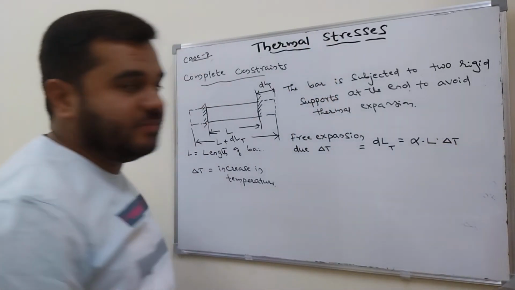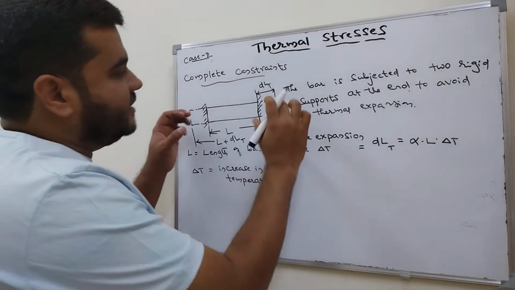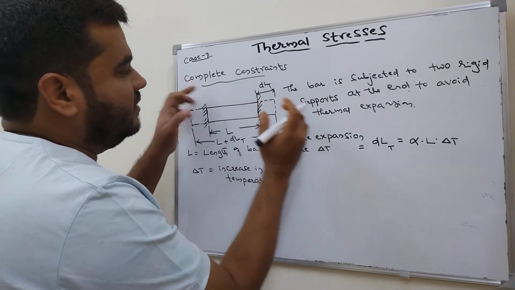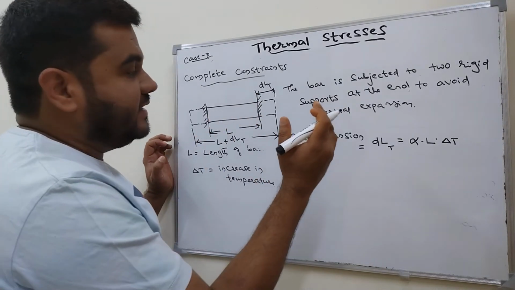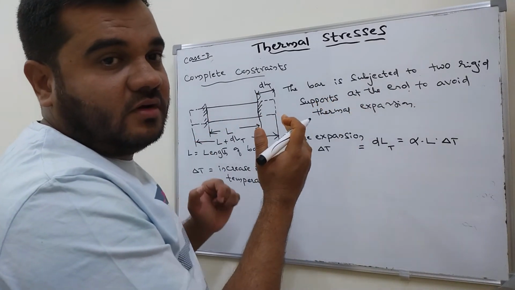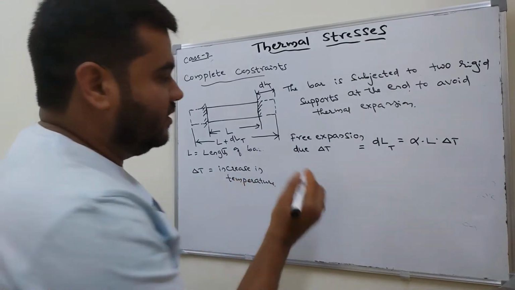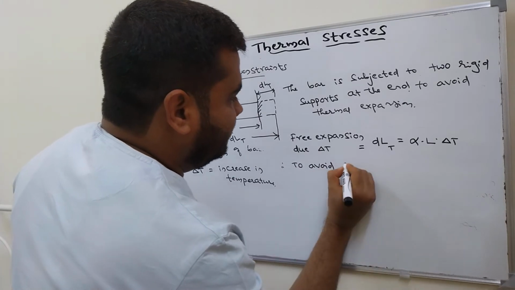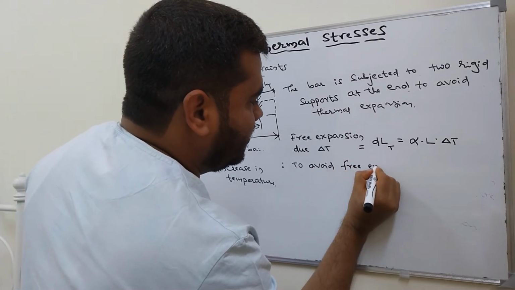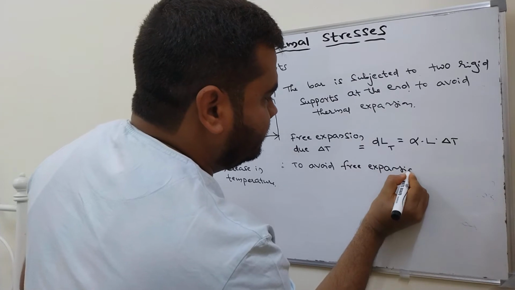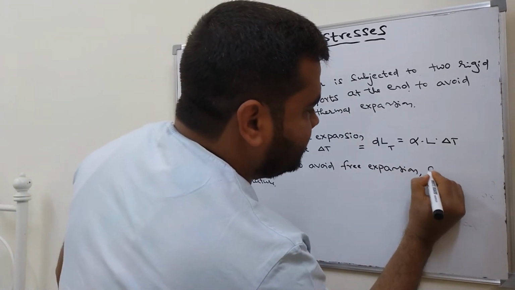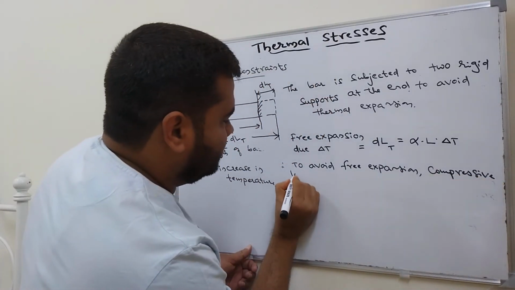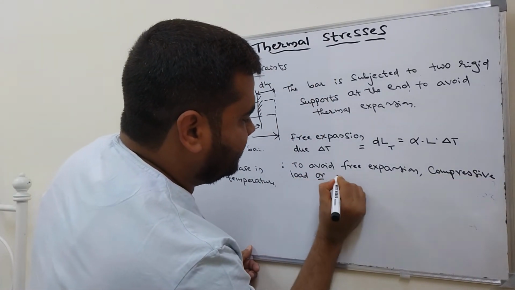This is the free expansion. Now this is completely constrained, so to avoid this free expansion, a compressive load, or compressive stress, is developed.